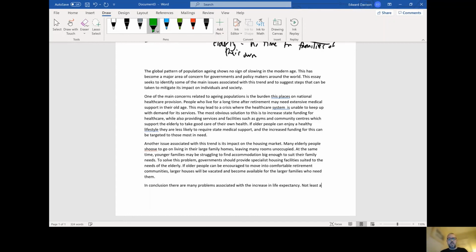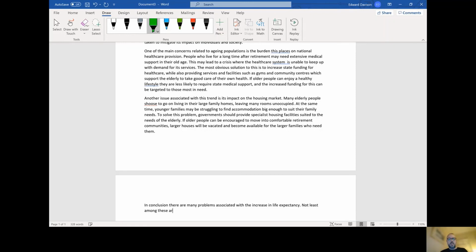Not least among these are the impact it will have on healthcare and housing.